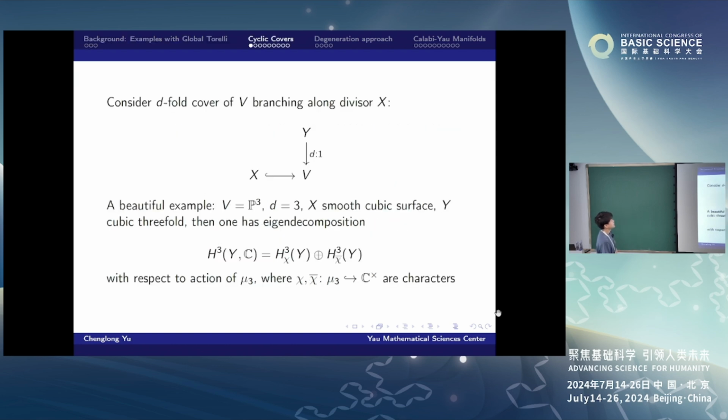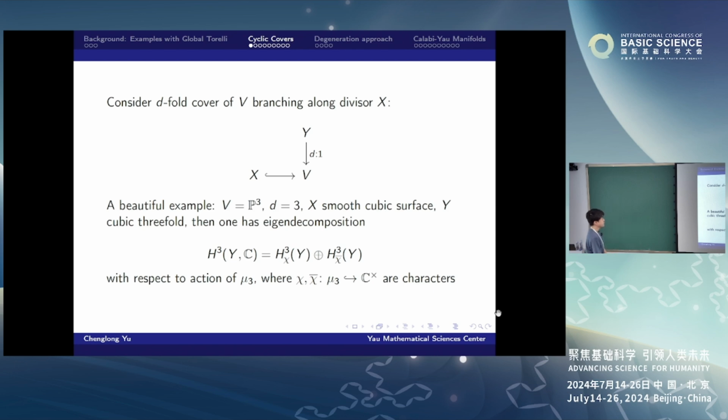And next, we will consider a construction called a cyclic cover. If we have a variety V, and we consider a degree 3 cover branched along just one divisor X, this covering admits a deck transformation, which is this cyclic group.